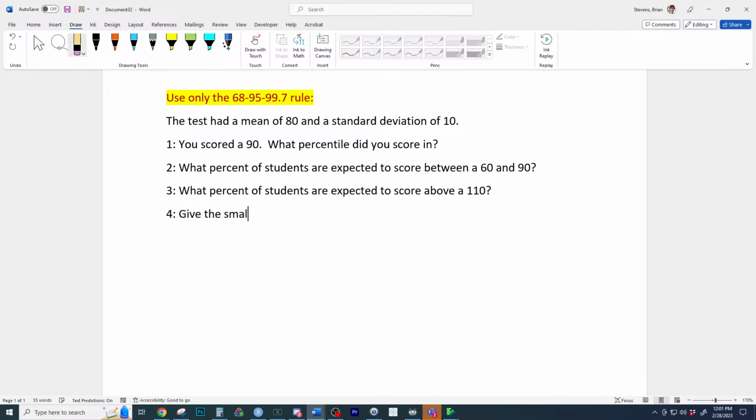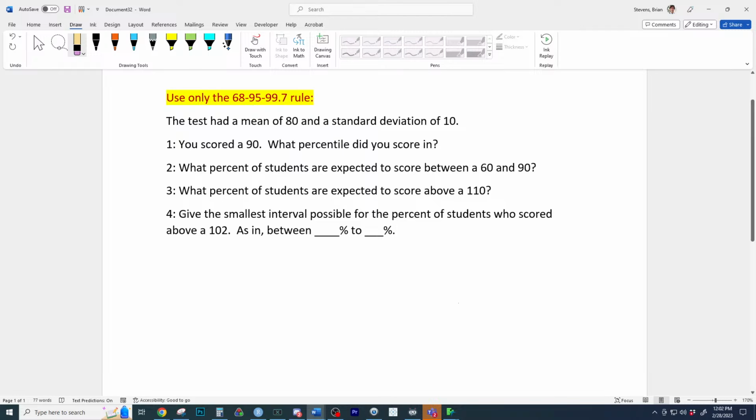Give the smallest interval possible for the percent of students who scored above a 102, as in between blank percent to blank percent. Okay.